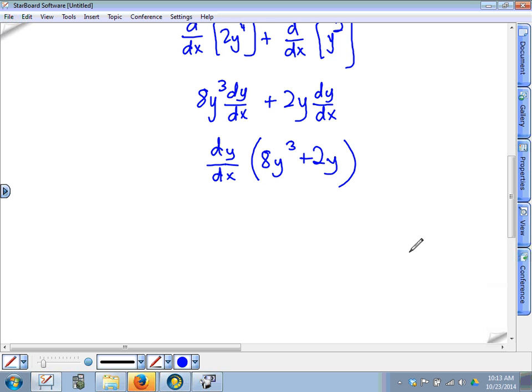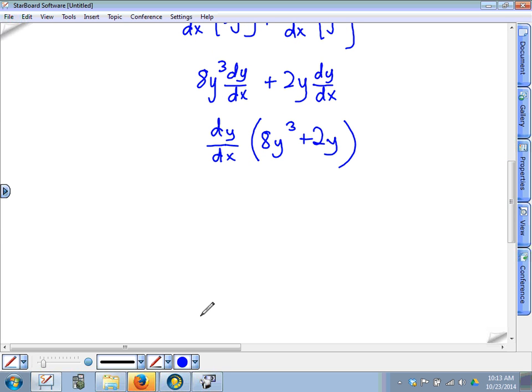So let's get into some actual equations now, defined implicitly. Actually, wait, one more before we get into an equation. What about this one? Ooh, this one's dang tricky. The derivative with respect to x of xy squared.